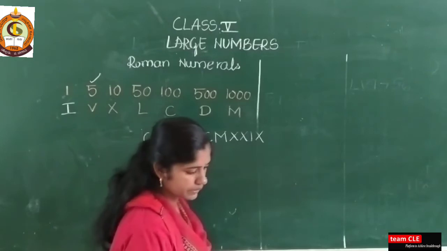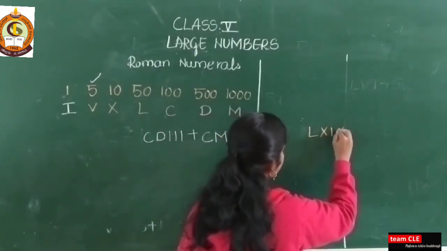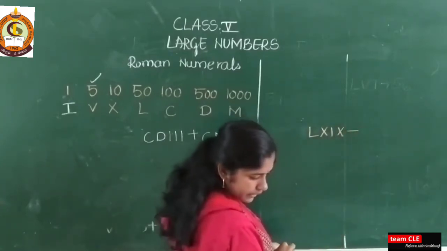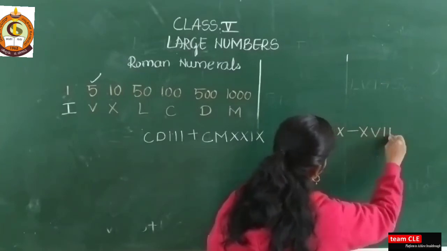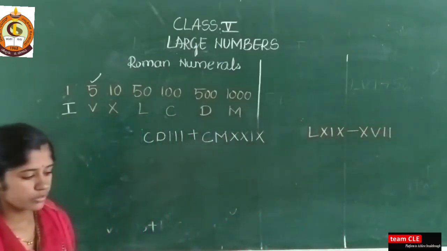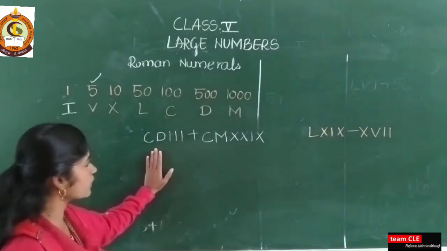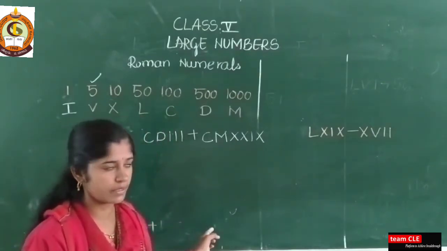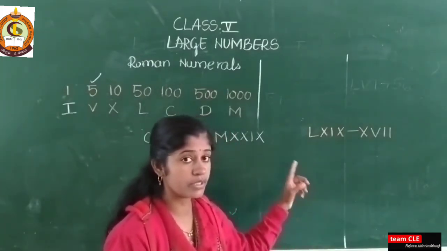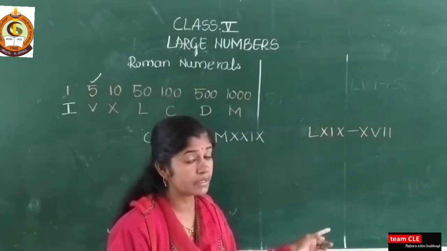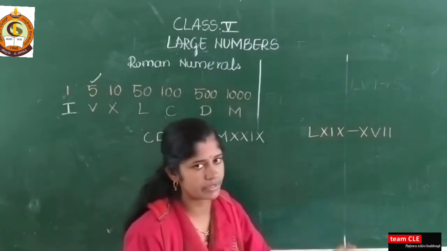Okay, this one example is there and one more is there, that is LXIX minus XVII. See here, solve the following is there. There is addition, also there is subtraction. First you have to write this number in Hindu-Arabic numbers. After that you have to add. This number is also in Roman numerals. You have to write it in Hindu-Arabic numbers. Next you write in Roman numerals. You have to find here the sum and you have to find here the difference.